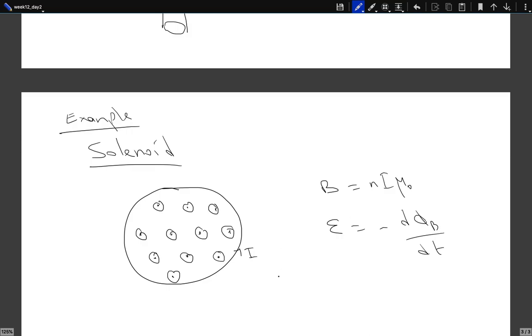The EMF is there, and the EMF will be the integral of E dot dl. So this will still be valid if you are changing the time derivative of that. So if you are changing B, that means you are creating an electric field.